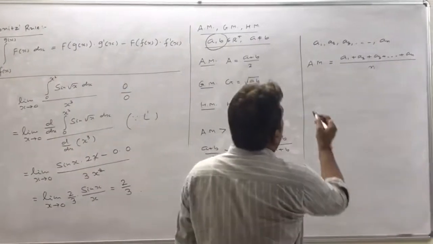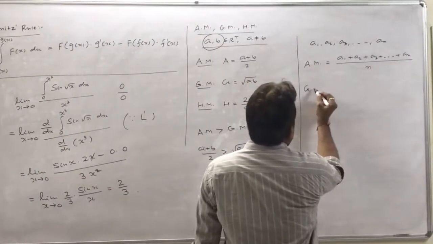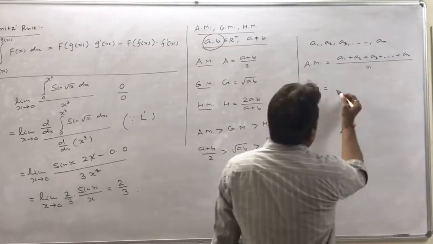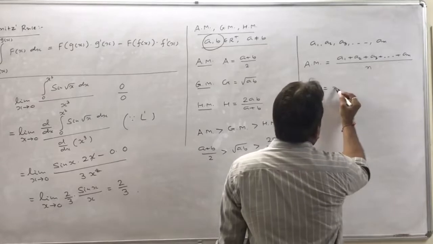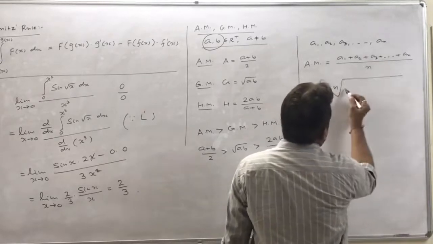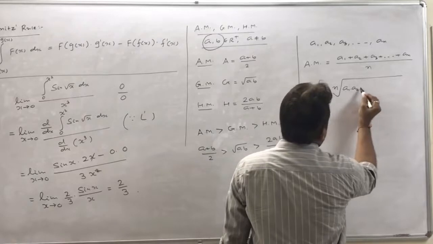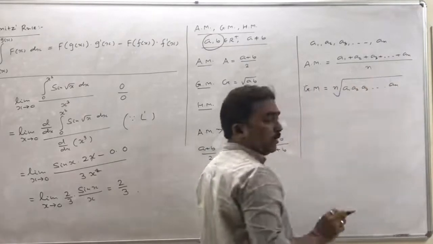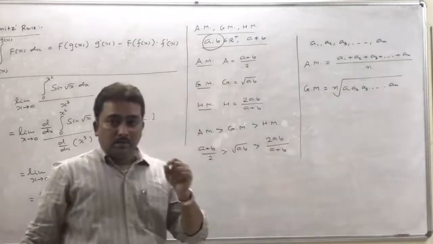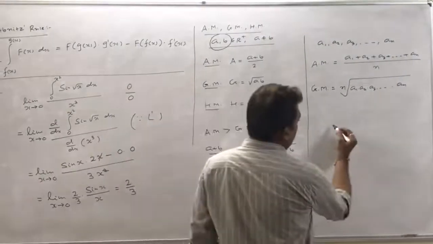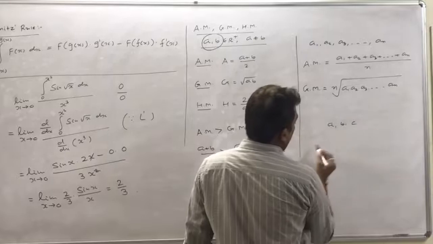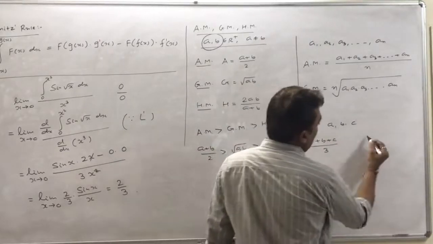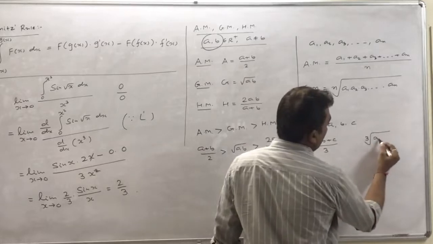Now, in the same way, if we want to find the geometric mean for these n numbers, it is always the nth root of a1 into a2 into a3 up to an. Remember this part. Suppose 3 numbers are given, their arithmetic mean is a plus b plus c by 3 and their geometric mean is the cube root of abc.